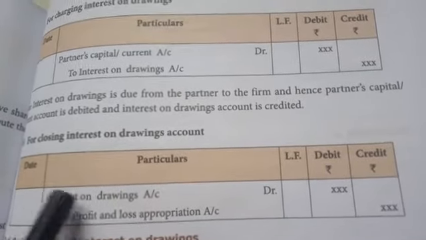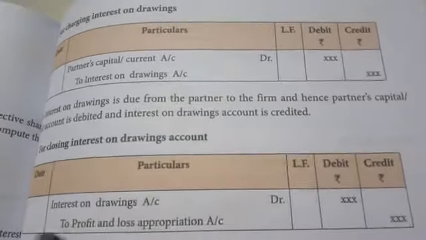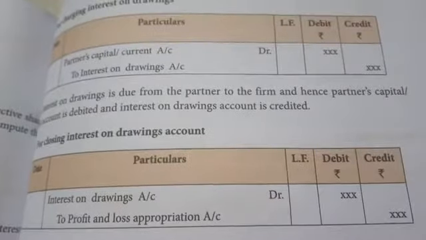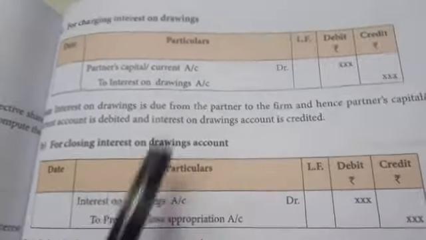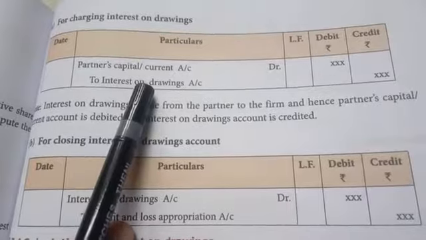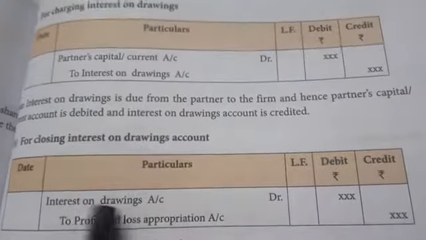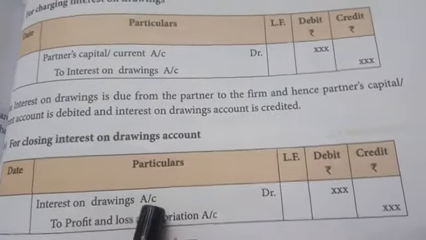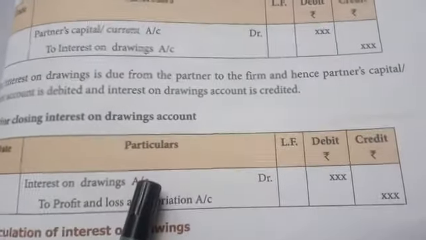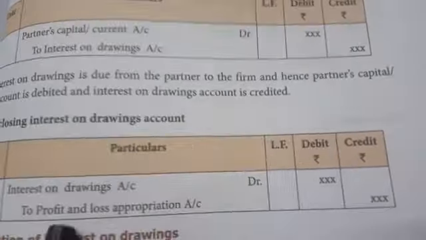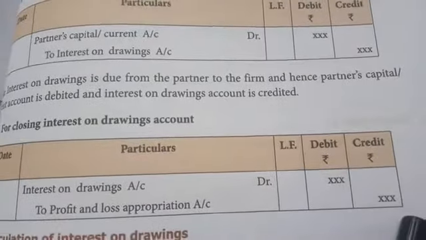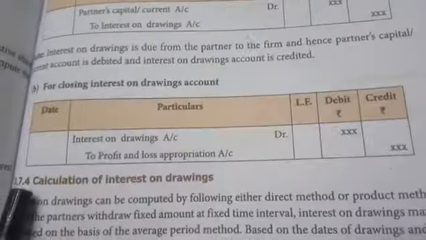So interest on drawings account debtor to profit and loss appropriation account, on the credit side. These are the adjusting entry and the closing entry.